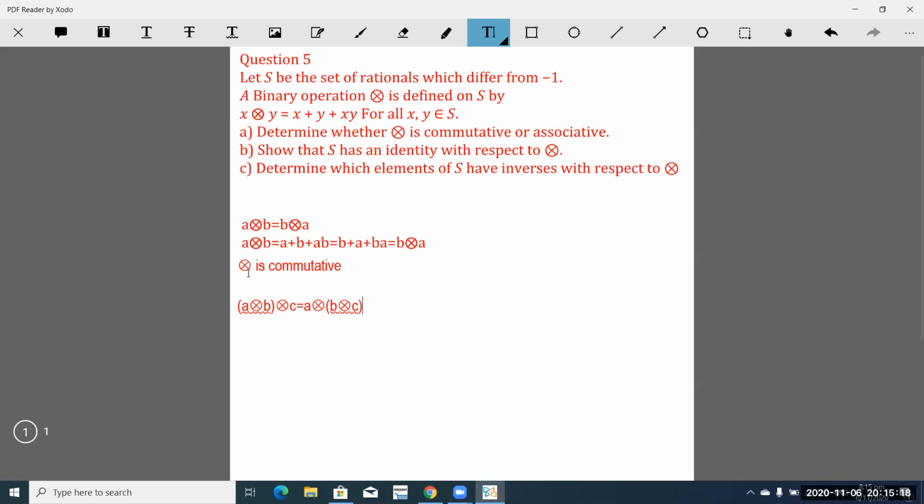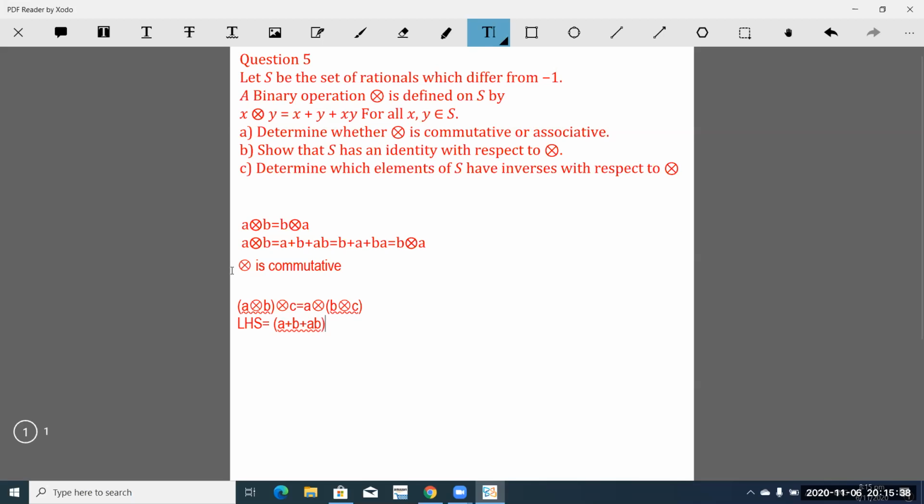Nice, very good. So let's work out our left-hand side now. We know A circle XB is A plus B plus AB. So we have all of this, A plus B plus AB.